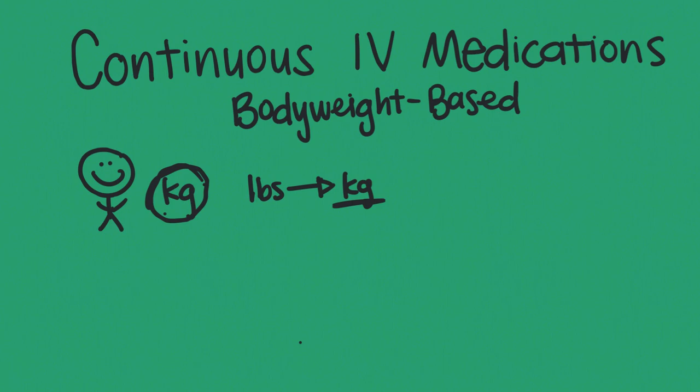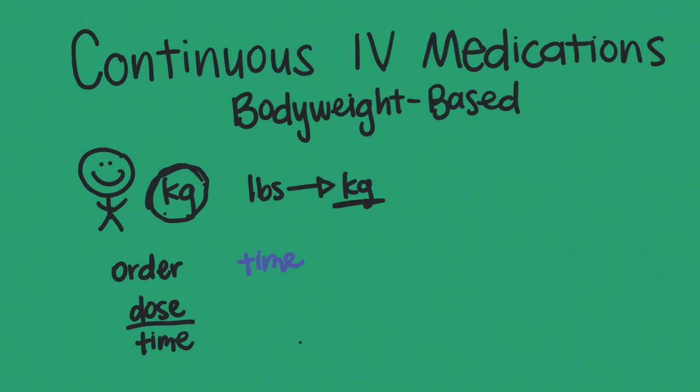You will use how many kilograms that patient weighs to calculate the order for this patient and in a specific order based on their body weight. This will be a dose over a certain amount of time. It could be micrograms per minute, it could be milligrams per hour, but you will get a dose per time. Then the next thing you'll want to consider is the time. Does the time need to go from minutes to hours, or is it already in hours?